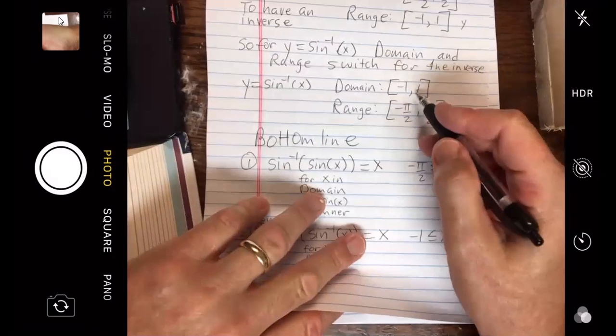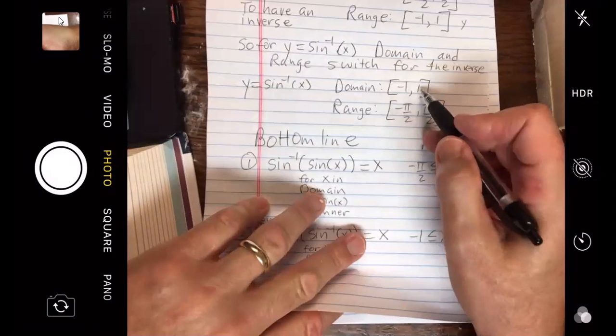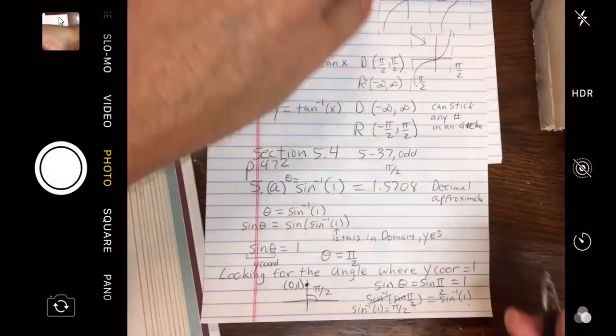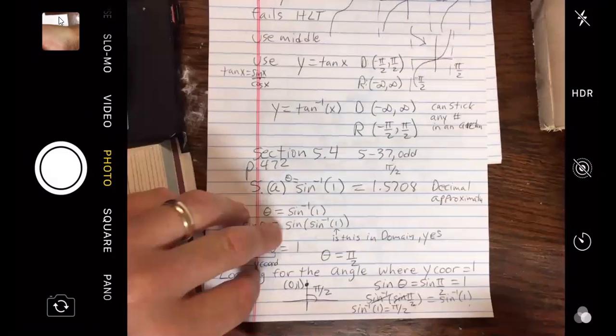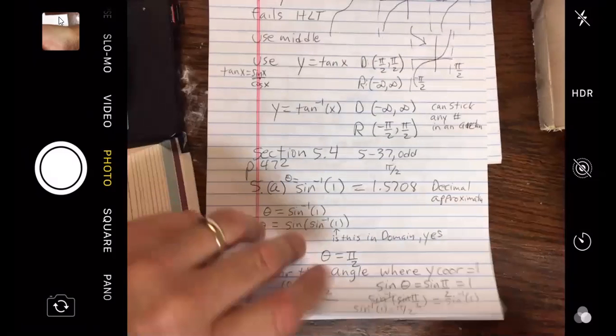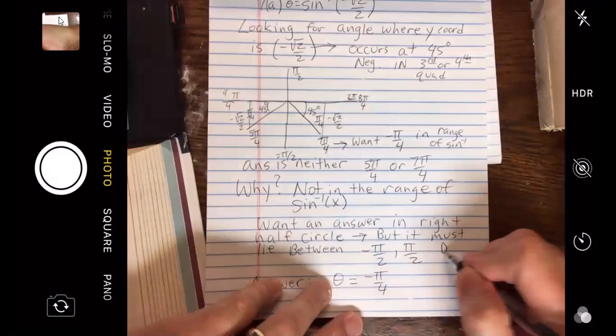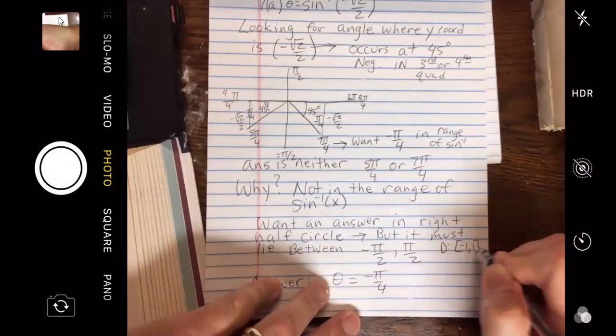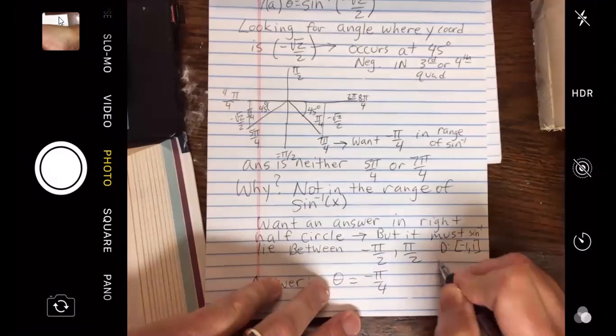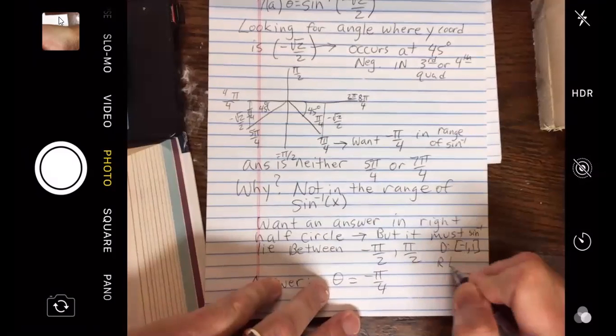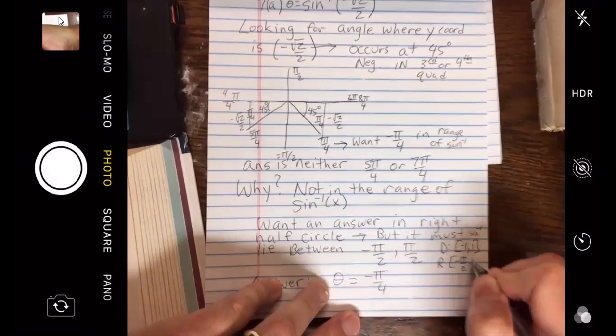Your domain was negative 1 to 1, and range is negative pi over 2 to pi over 2. Domain was negative 1 to 1. This is for arc sine. Range, negative pi over 2 to pi over 2.